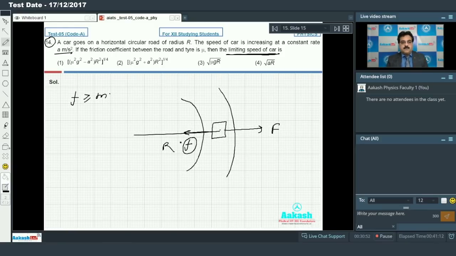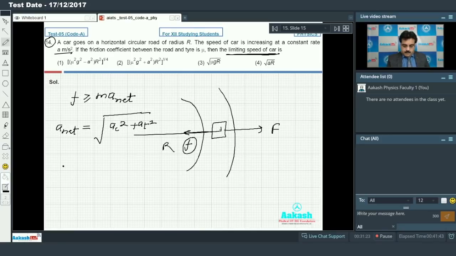The direction of friction force will be toward the center, and for safe motion, friction force will be greater than or equal to ma, where a is the net acceleration. So first I need to calculate this net acceleration. Net acceleration is calculated from the centripetal acceleration, which will act toward the center, and another acceleration, the tangential acceleration.